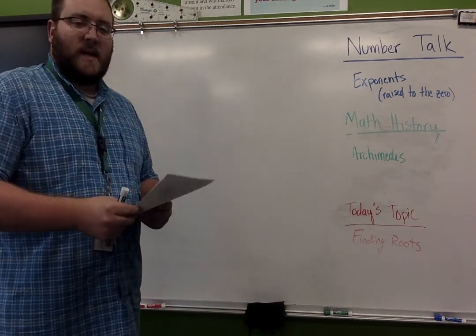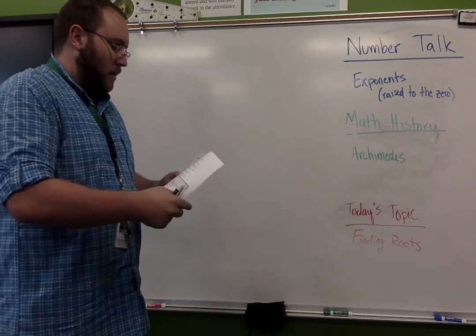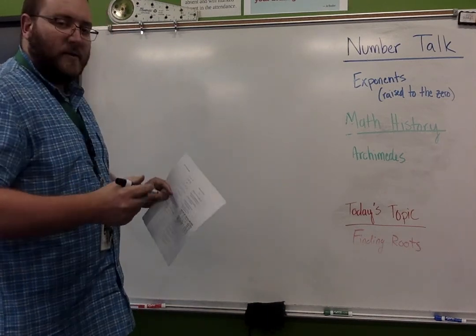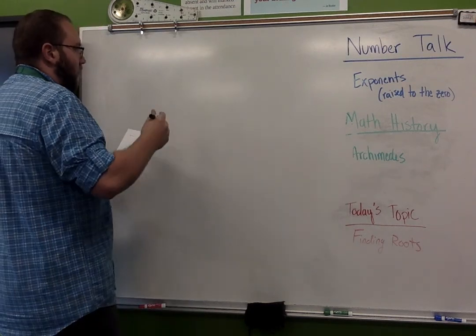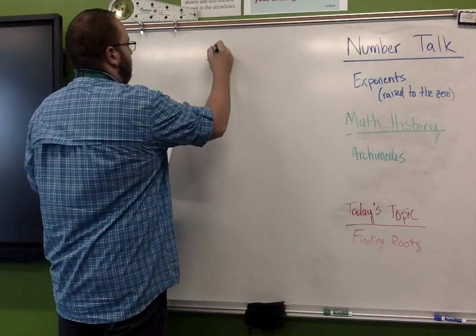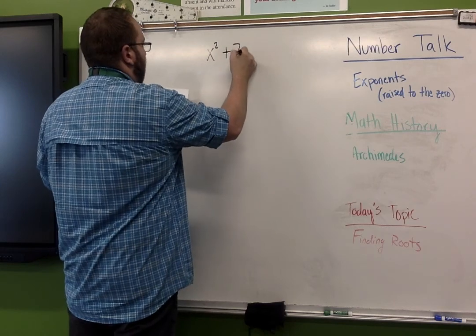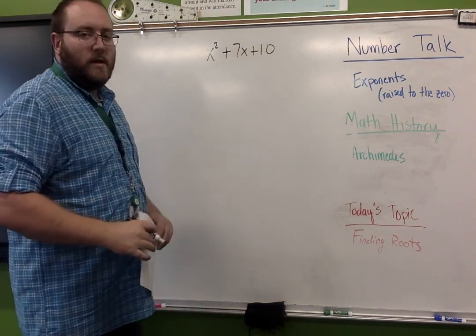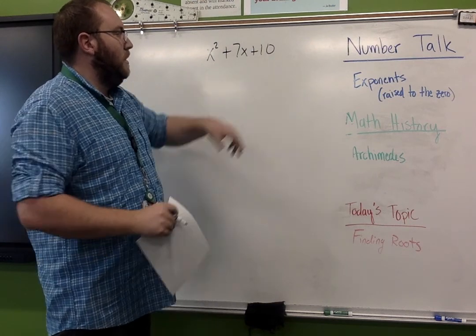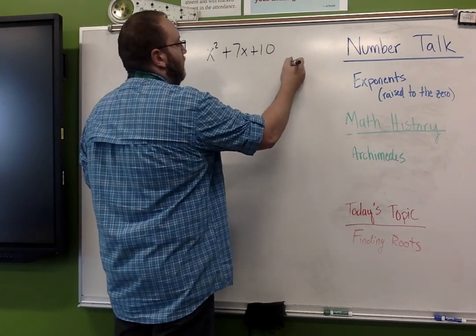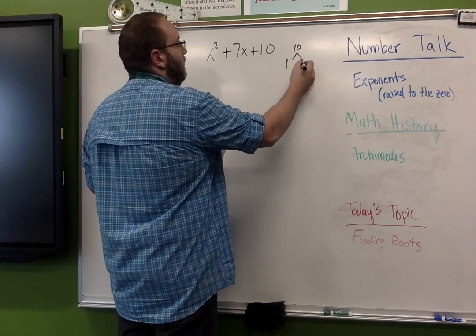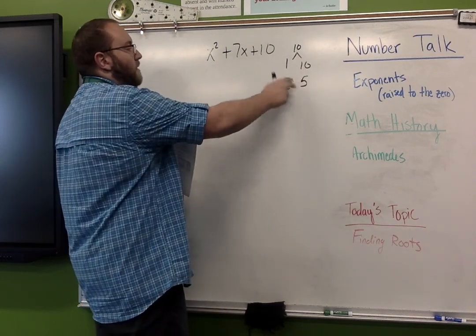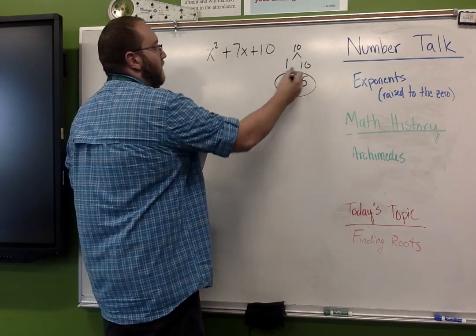So let's go through this example here on the second page. It's one of those easier ones, or one of the simple factoring from the last video. So we have x squared plus 7x plus 10. Now from the last video, what we would have done is we would have factored the 10. Factors of 10 are 1 and 10, 2 and 5, and we want two numbers that add to the middle term, so 2 and 5.